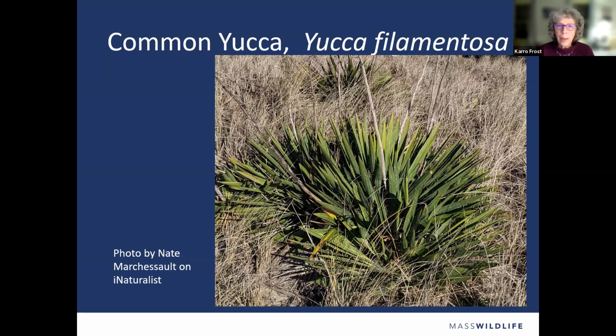This is one we've tried to do some control with at Wilbur, down in Falmouth, and at Waquoit Bay. We haven't successfully been able to get rid of it yet by digging it up or burning through it. It keeps resprouting and spreading. It is not native.